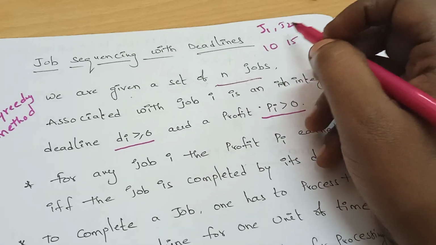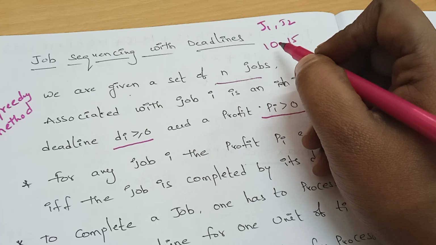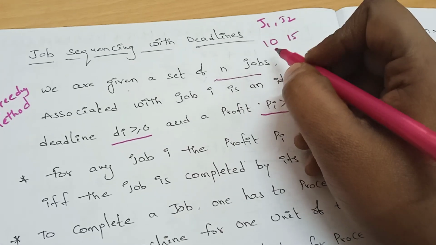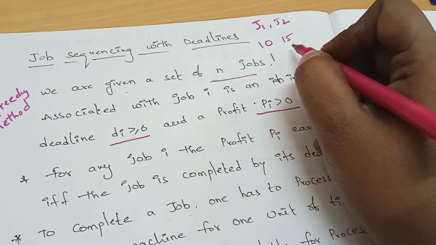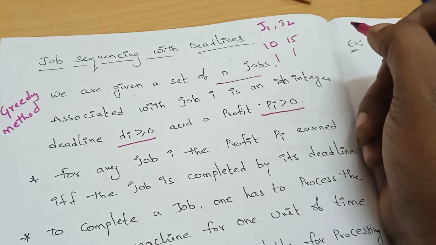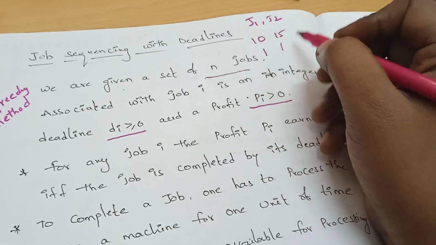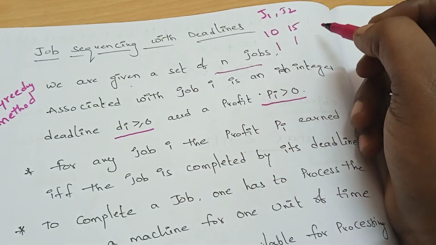So what does it mean? If I'm performing job 1, I will get this profit, and this task has to be completed within some deadline. Let us assume that the deadline is 1 and this deadline is also 1. So what does it mean? We are given some jobs, some deadlines and some profit.